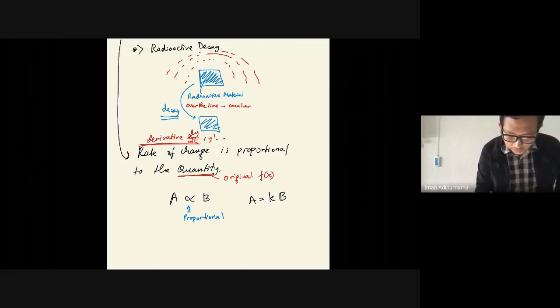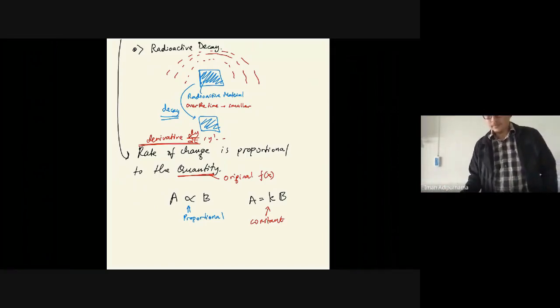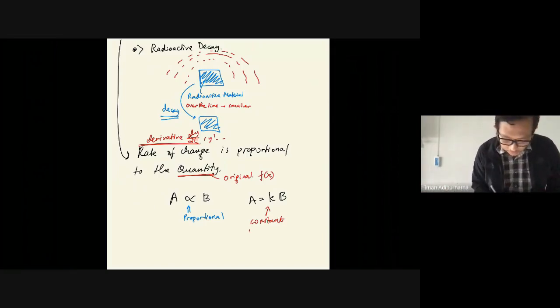K is a constant. It can be a fraction, it can be some number. It's the constant of proportionality.